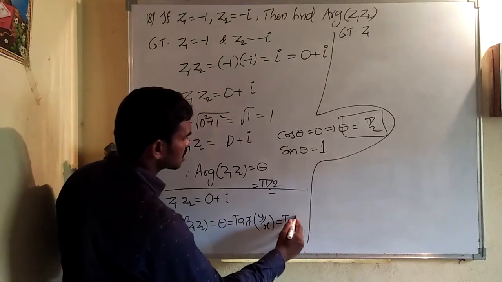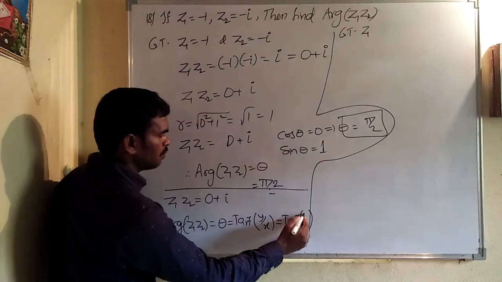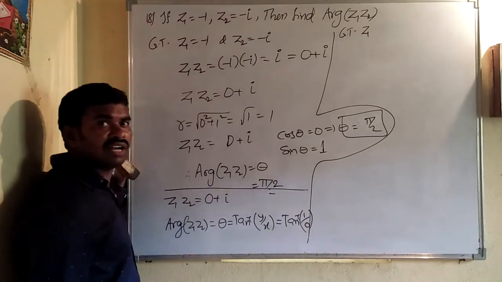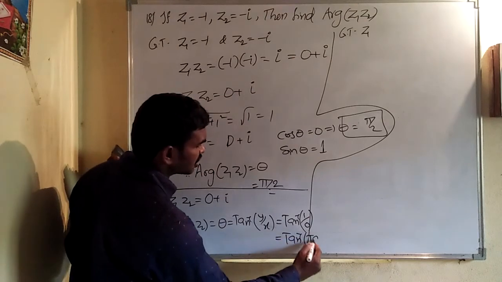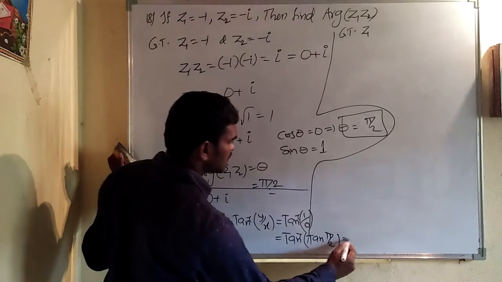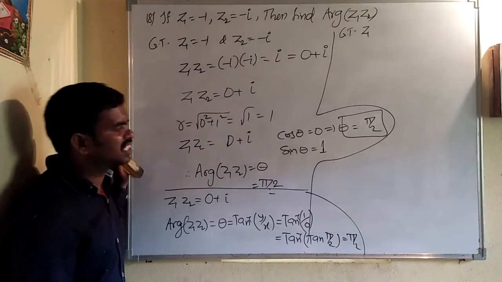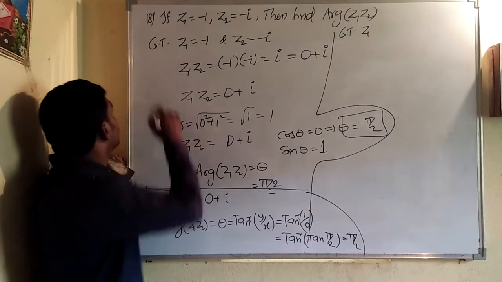So tan inverse, what is y here? The I coefficient is 1, by what is x? 0. 1 by 0 means infinity. Tan has value infinity at tan 90 degrees. So tan inverse cancels, remaining is pi by 2. So argument Z1 into Z2 is pi by 2. This is the second method.